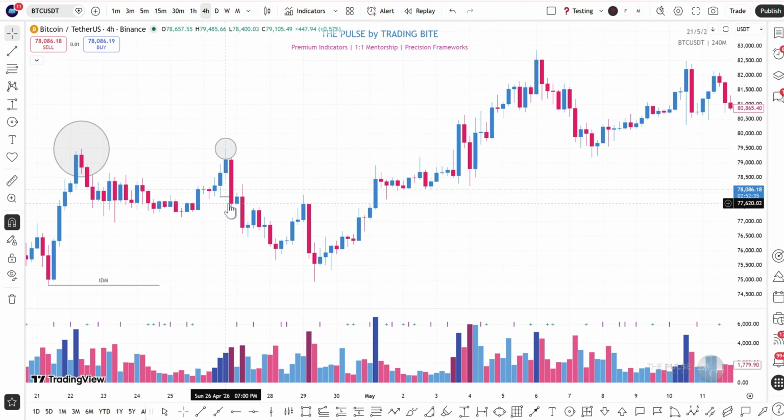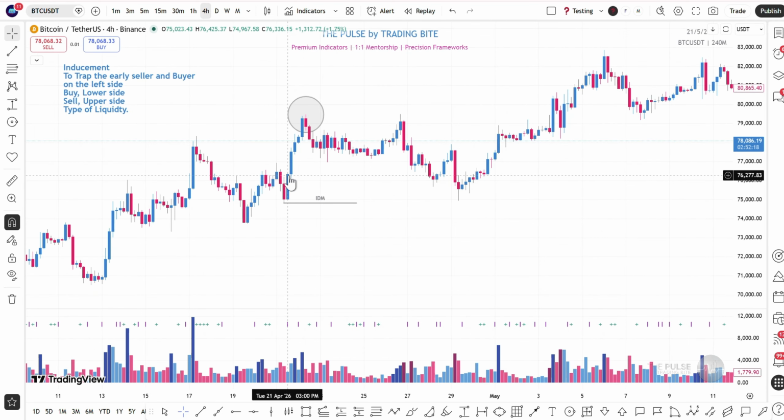This is not a valid inducement. If the very next candle after the high point is making an inducement, we will not consider it valid. A valid inducement could be the third candle, the fourth candle, any candle, but it cannot be the second candle.